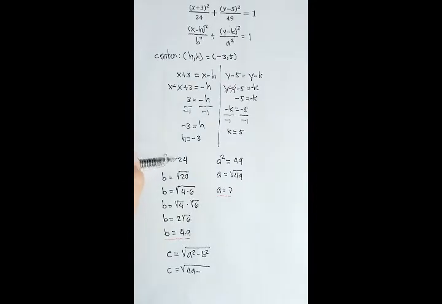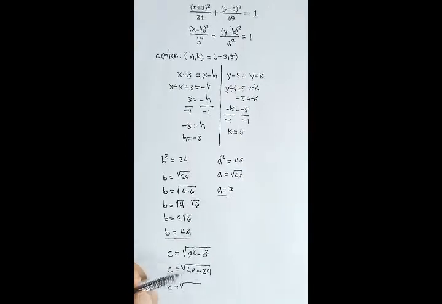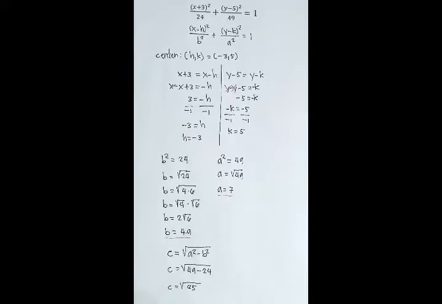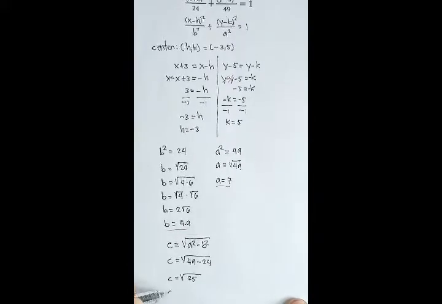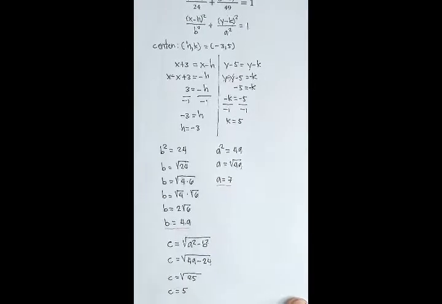B squared is equal to 24. So 49 minus 24 is equal to 25. Then our c is equal to the square root of 25, it is 5.